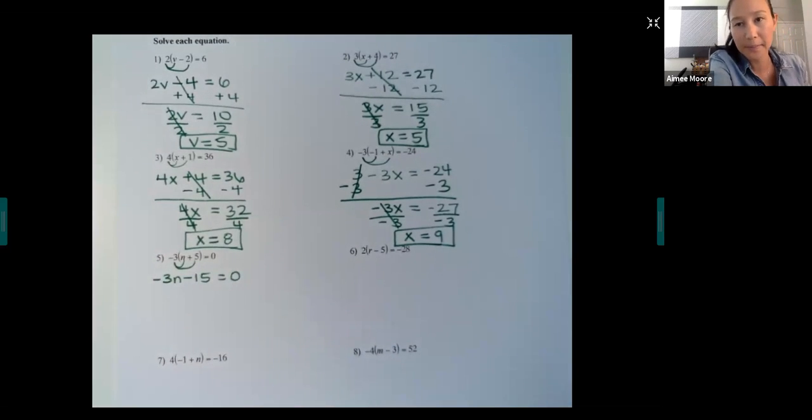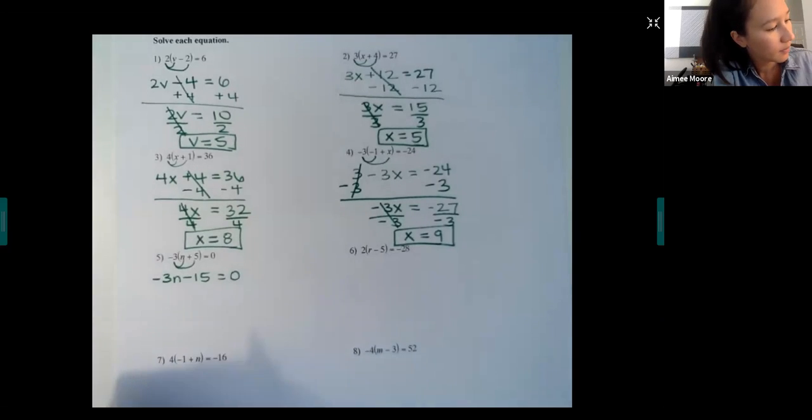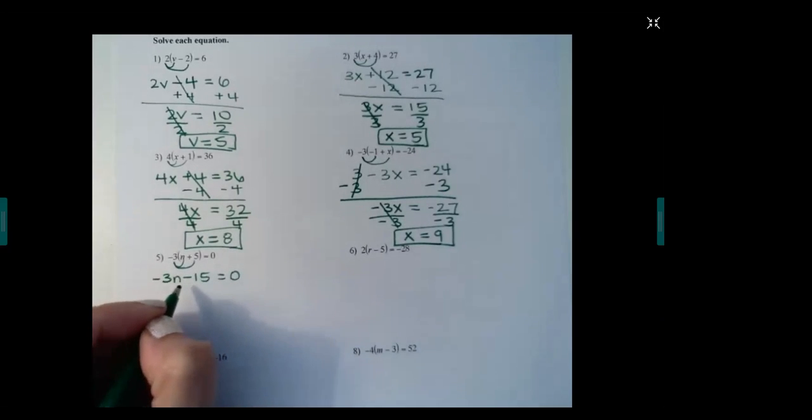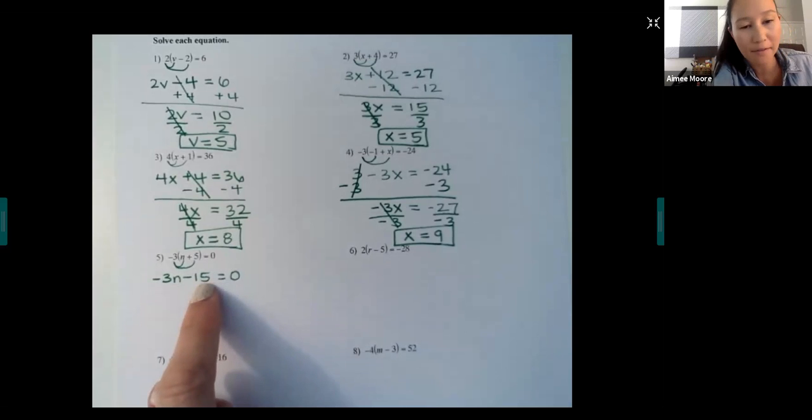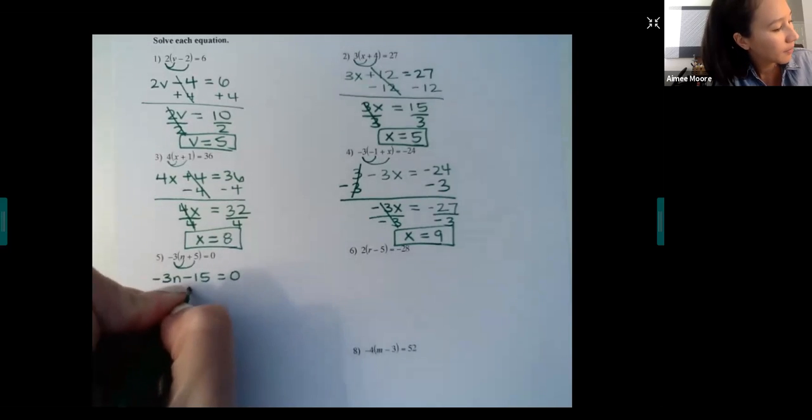Then what do I do? You add to both sides. Which one do we want to add, 3 or 15? Oh, 15. Yep, good.